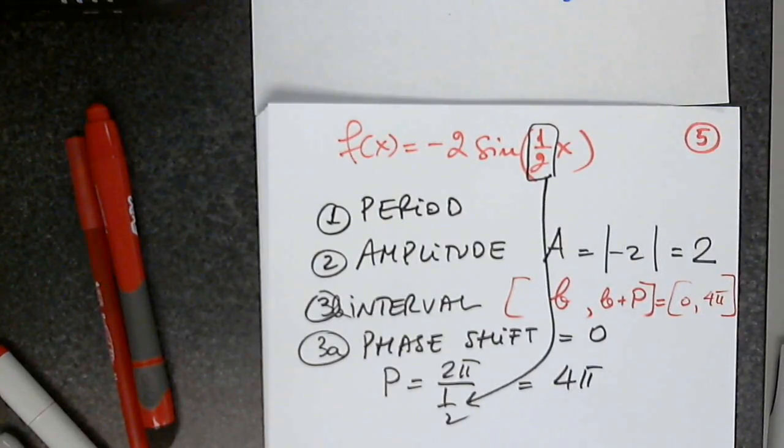So let's go back. Clear everything. And let's put in -2 sine. I don't want to put a negative yet because I want to discuss it for a second. Okay, I just want to compare sine x to sine 0.5x, because I want to talk about that -2 in front.